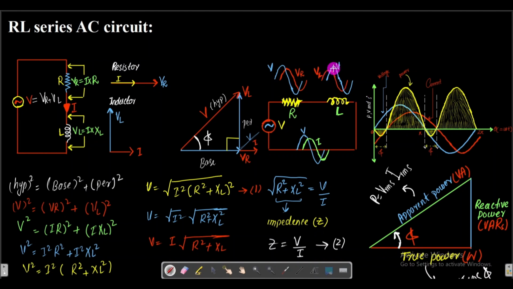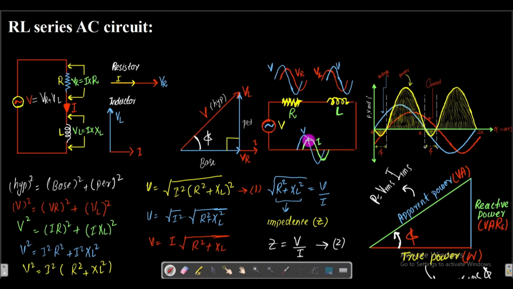Therefore I denote here that this V is lagging from this V of L. Now when these two effects occur, we also have the current in this circuit, and that current is given here from this phasor diagram.